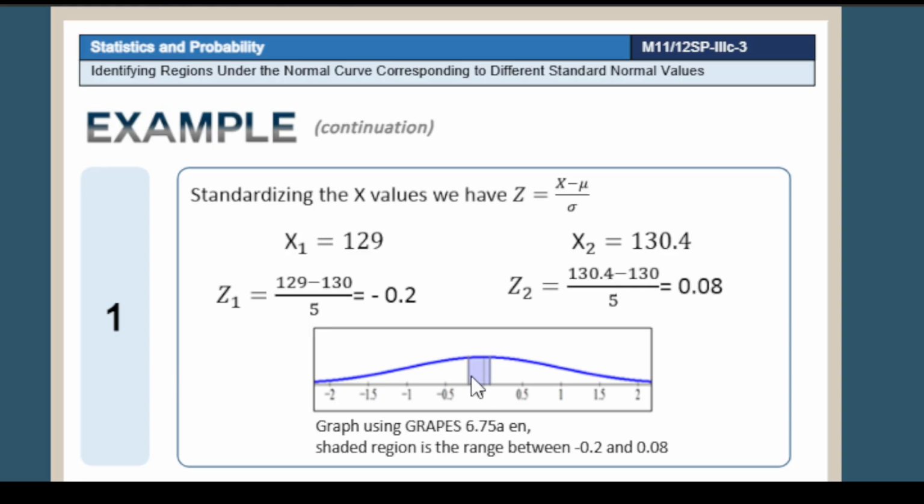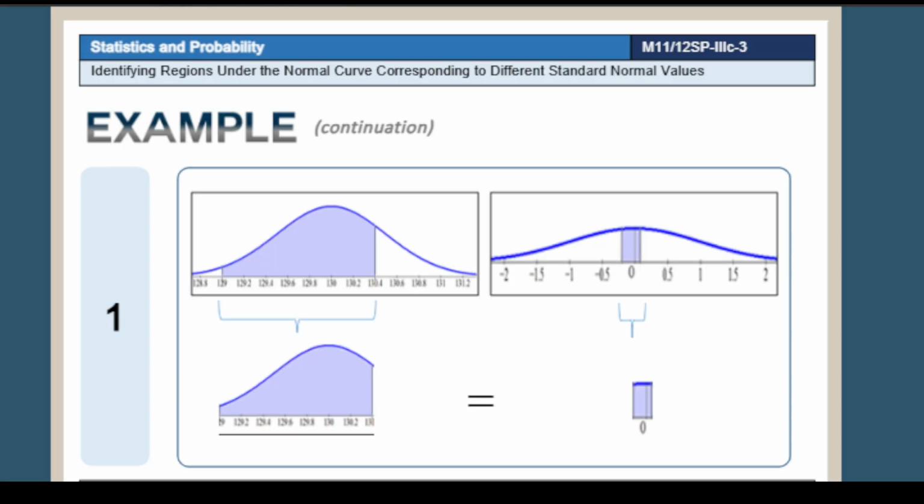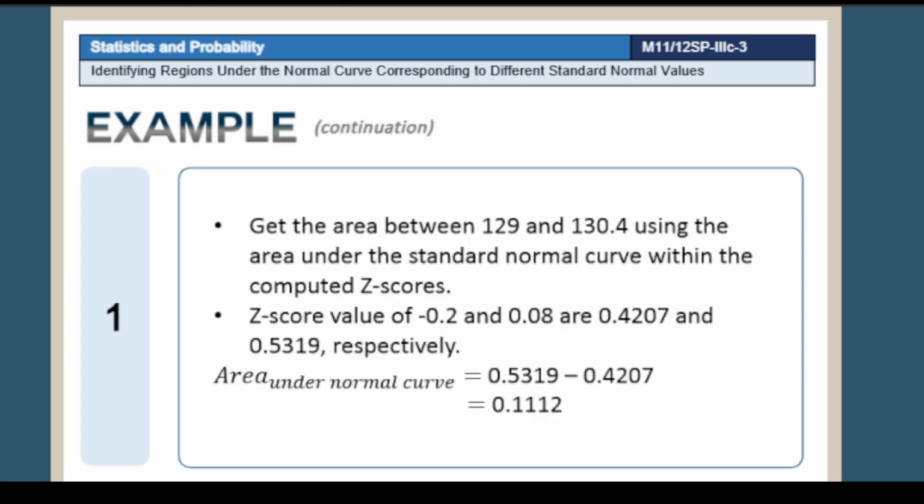Now, what we're going to do is look for the areas covered using our table of values. We're going to look for -0.2 and 0.08. So -0.2 is actually 0.4207 and 0.08 is actually 0.5319.